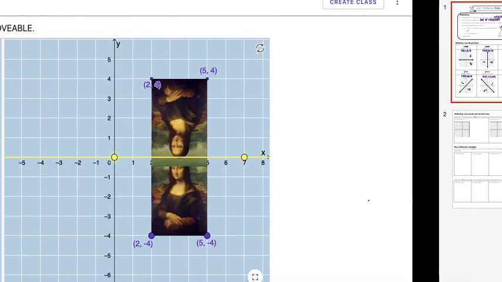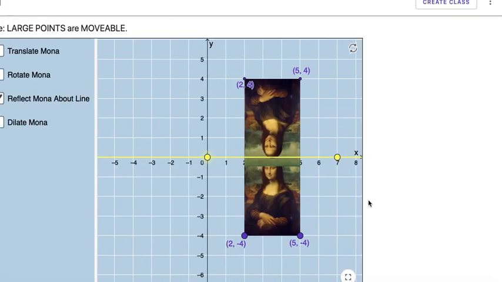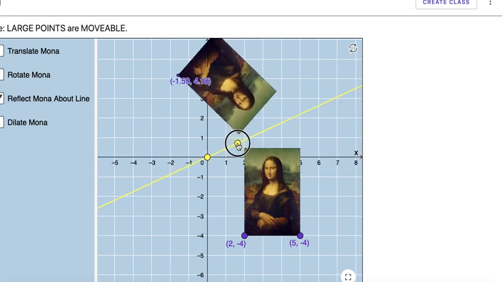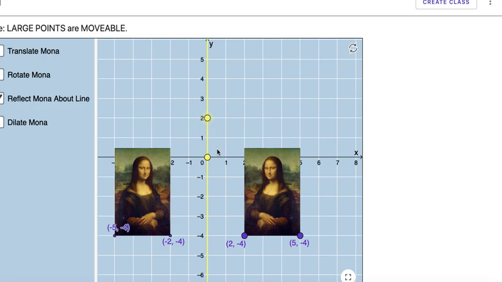And going back to the Mona Lisa, I can see how the reflections affect her. Here I see the reflection across the x-axis. Basically it turned her upside down. If I am reflecting across the y-axis, I see that these reversed here. So they're still up and down, but now she's looking to the right instead of looking to the left.